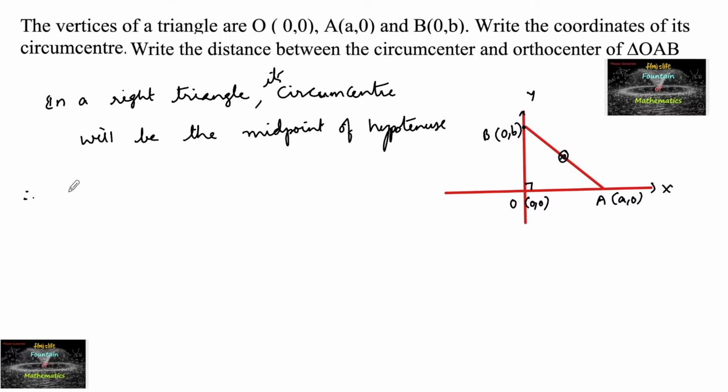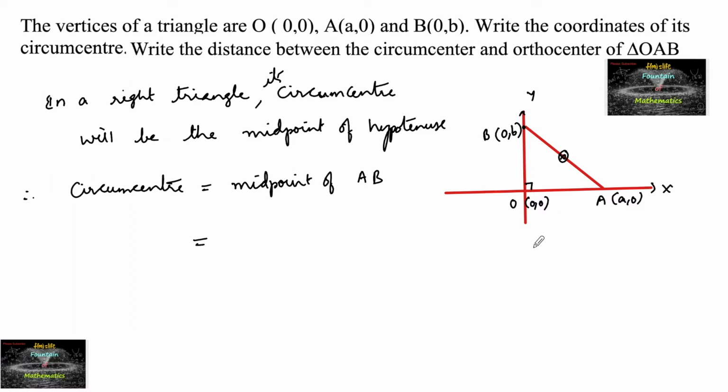Therefore, circumcenter is equal to the midpoint of AB. So A is the point (a, 0) and B is (0, b).